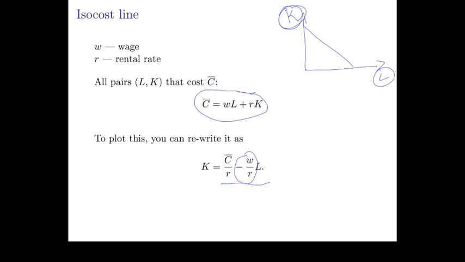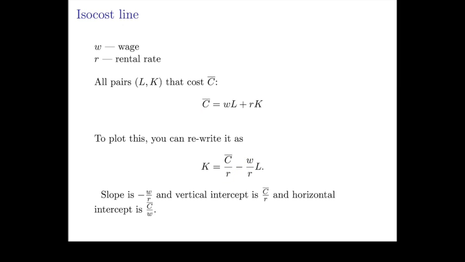So we're just relabeling things. Instead of P1, we have the wage rate. Instead of P2, we have the rental rate. So the price of the first input, which is labor, price of the second input, which is capital. So again, like I said, we've got these straight lines of slope minus W over R.